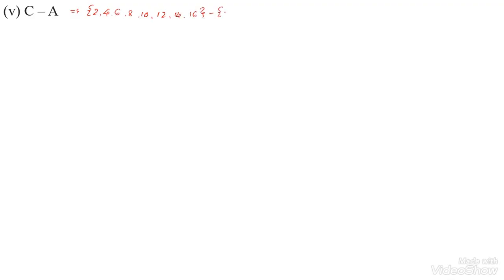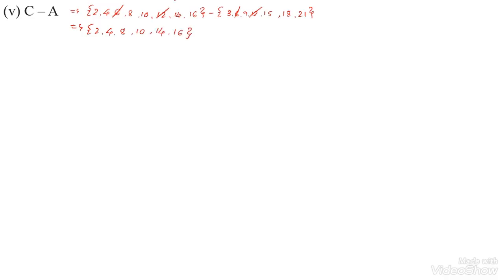Minus, what are the elements in A? 3, 6, 9, 12, 15, 18 and 21. So, what are the common elements first? 6, 6, 12, 12. After that, I have to write the C difference A: 2, 4, 8, 10, 14 and 16.